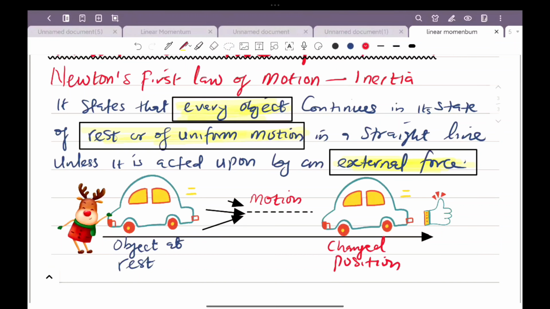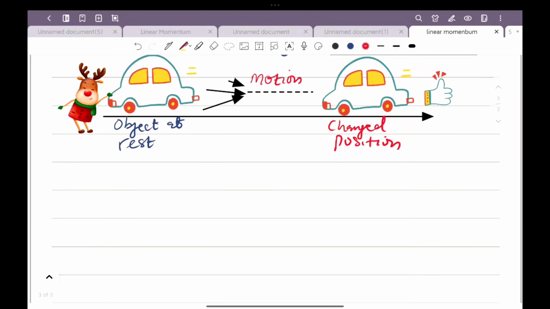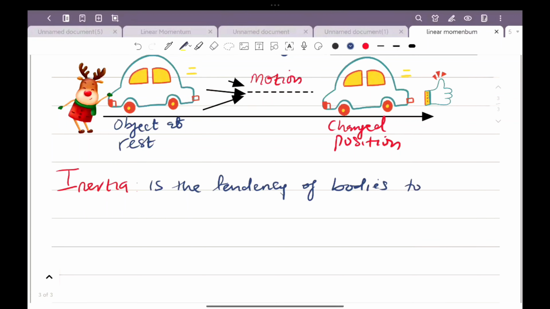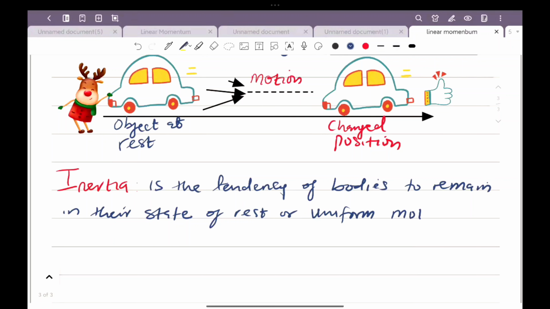Is that clear? If not, it will continue in that present state. I hope this is clear to you. How about inertia? Inertia is the tendency of bodies to remain in their state, in their position of rest or the position of uniform motion in a straight line.